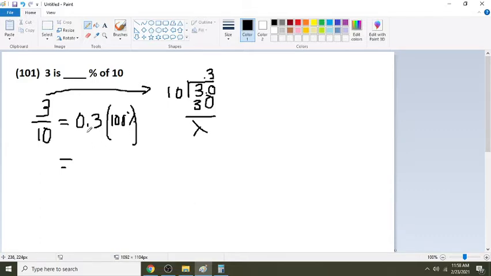If you have 0.3, that is 2 spaces to the right: 1, 2. You add another 0 there. That's 30%.